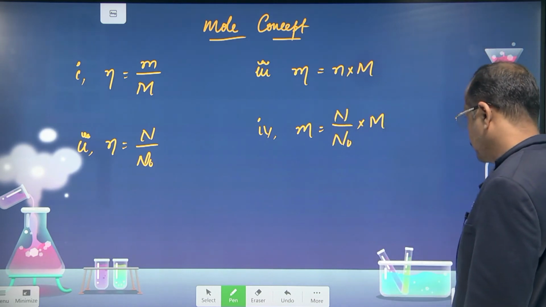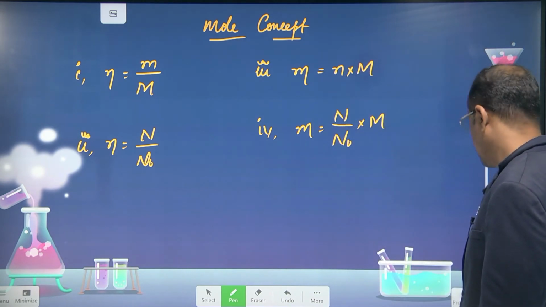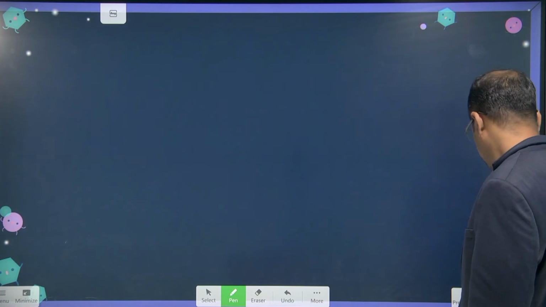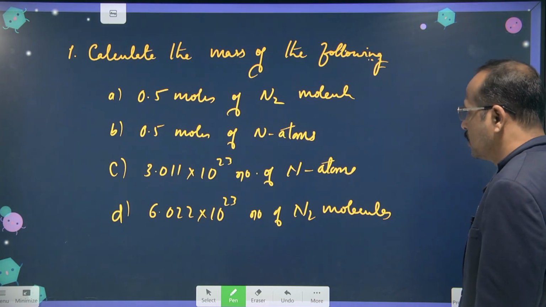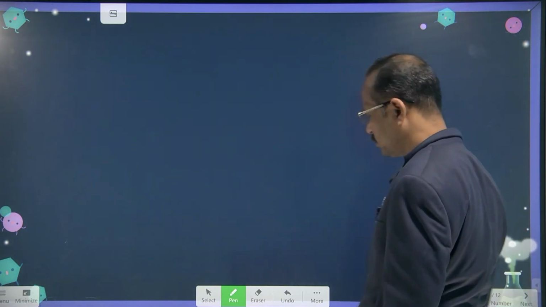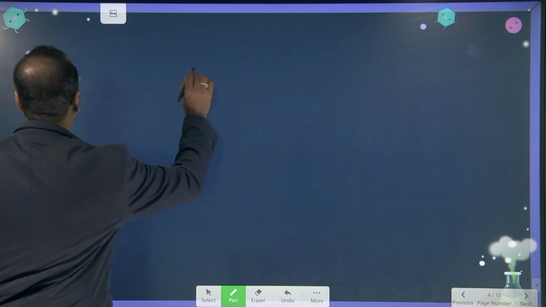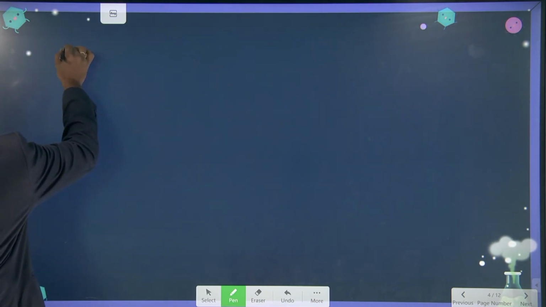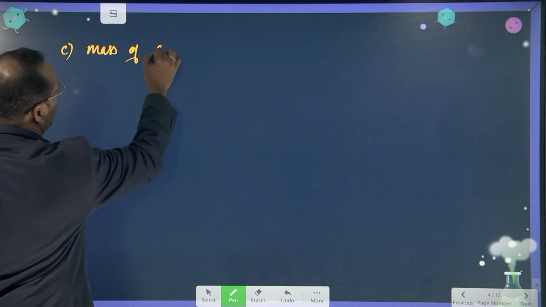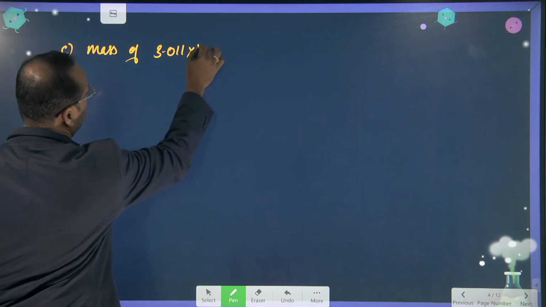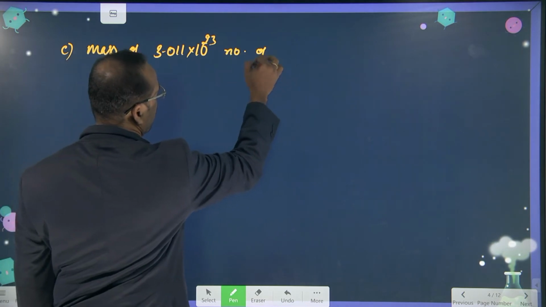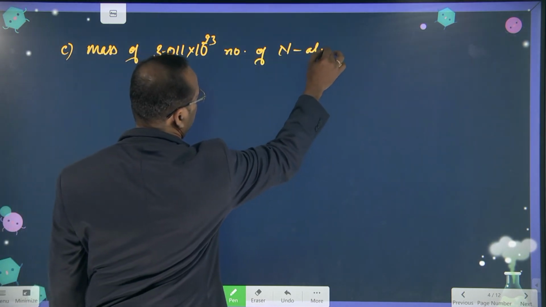The mass of 3.011 into 10 to the power of 23 number of nitrogen atoms they are saying.